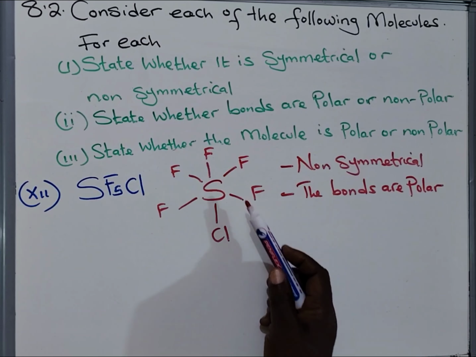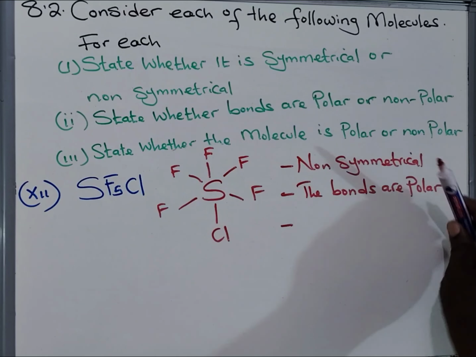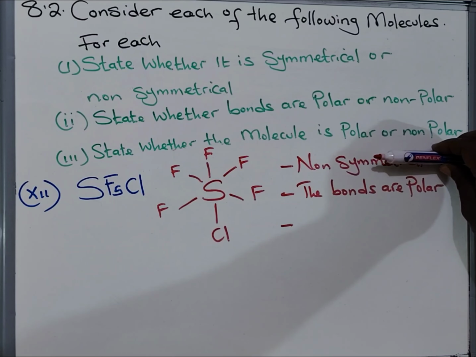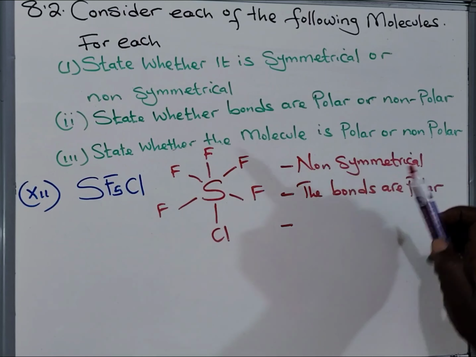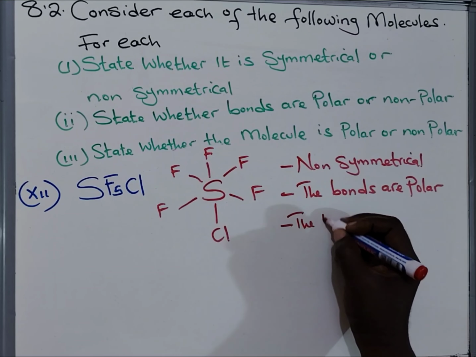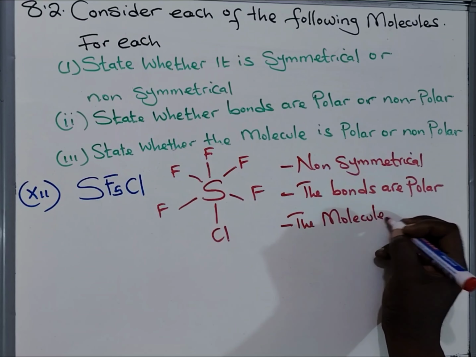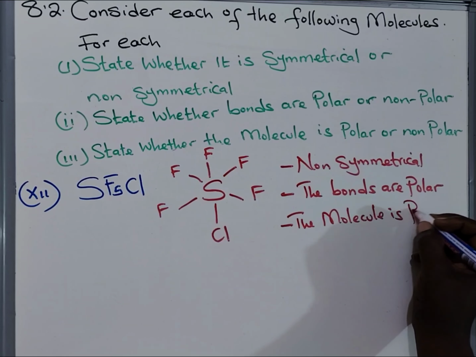So there is a difference in electronegativity. So how about the molecule? Is it polar or non-polar? Now, the moment you have a non-symmetrical molecule with polar bonds, it means that the molecule is polar. So the molecule is polar.